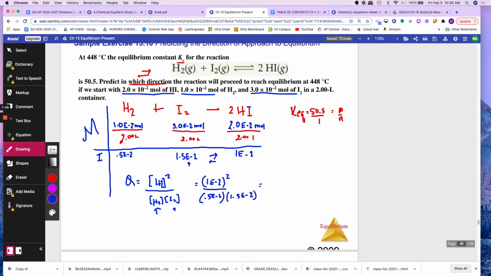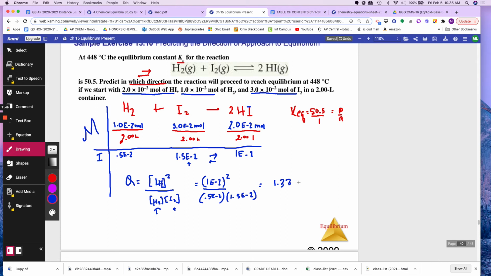And I'm going to get a number. Let me solve for that. I got 1.33. This is my Q.